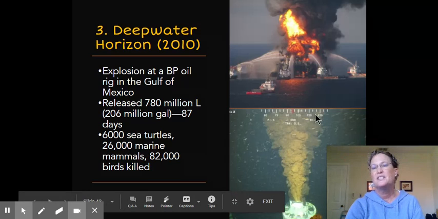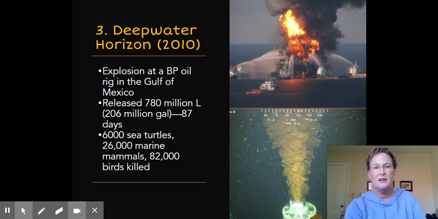And then it kept spewing oil into the water instead of going up into here. So people died. It was awful. And there's a movie about it. You can watch the movie Deepwater Horizon, and it's dramatized, but it's pretty dramatic in real life too.